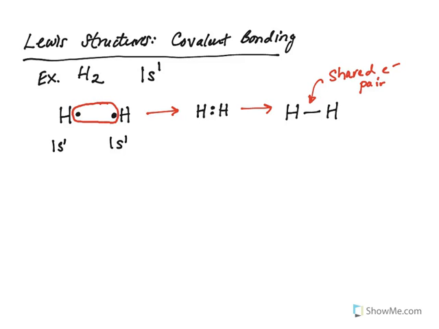So in this case now, each one of these hydrogen atoms here needed one electron to fill its valence shell, because remember, since it's n equals 1, all it has is an s subshell, which can contain a total of 2 electrons.